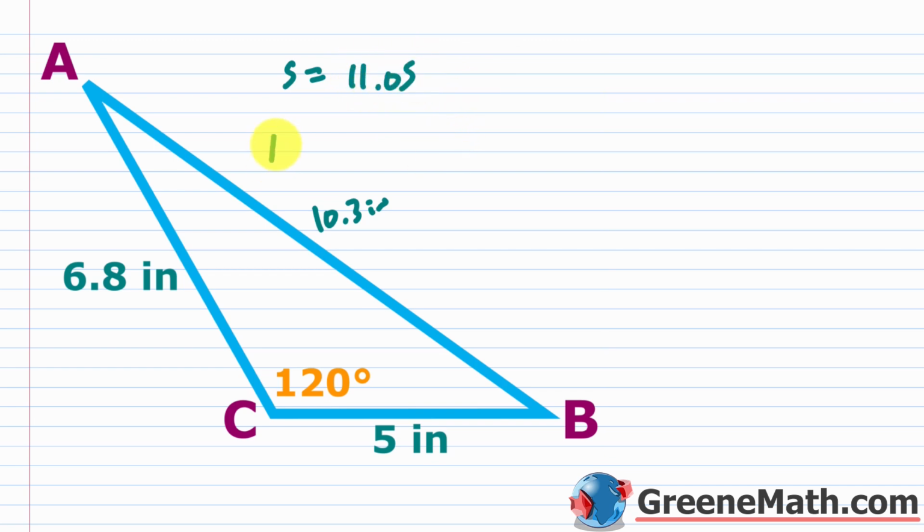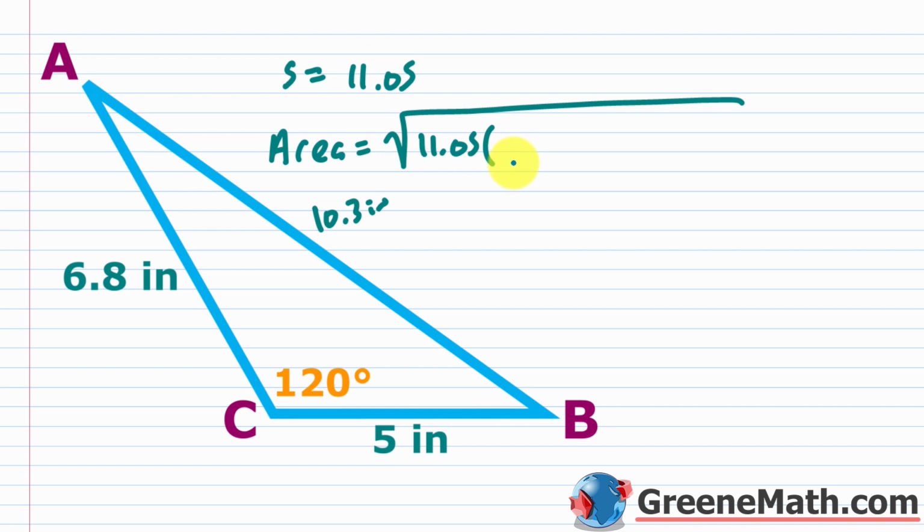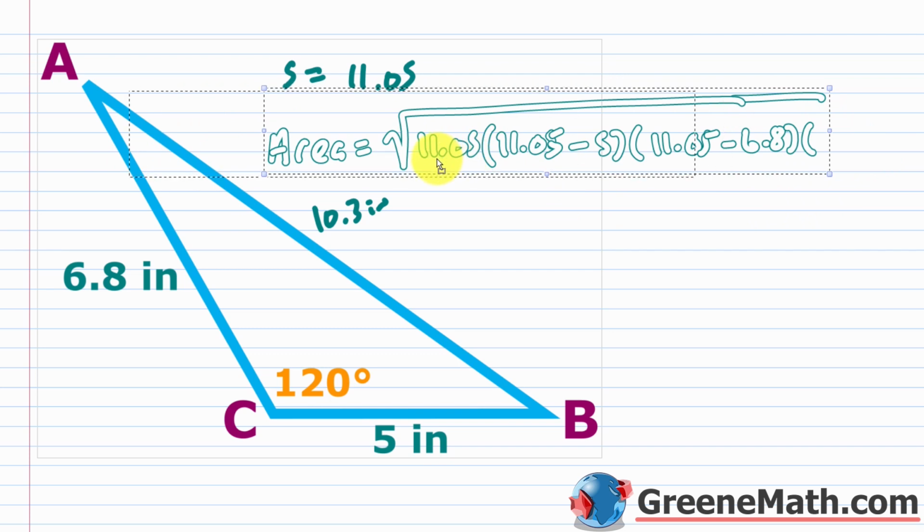So again, your area would be equal to the square root of, you're going to take this S, so 11.05, and it's multiplied by, you go S minus A times S minus B times S minus C. So you're going to go 11.05 minus, for A you have 5, then times 11.05, then minus, for B you have 6.8, and then times, this is probably going to run off, so let me slide this down a little bit.